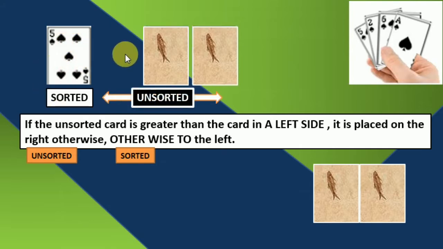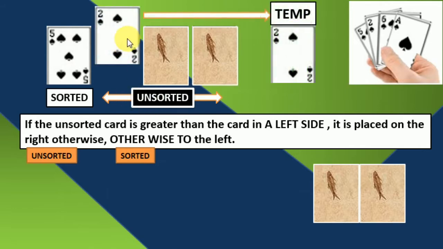We pick the first card from the unsorted list. The loop in insertion sort starts from 1, meaning index value 1. We are not supposed to start from 0; we presume that it's a sorted one. So the loop starts from index number 1.